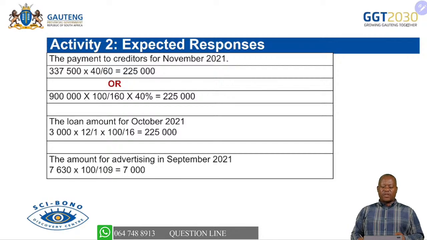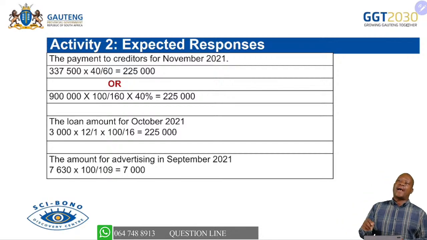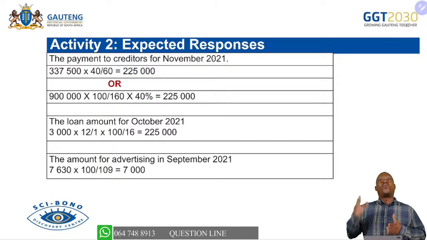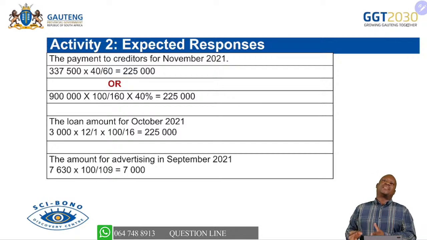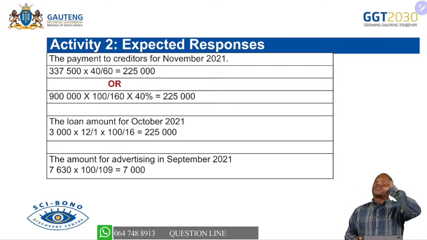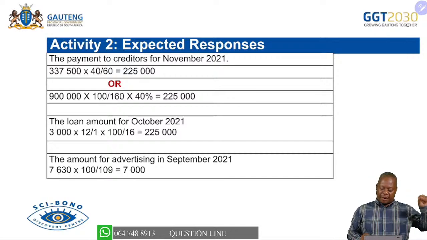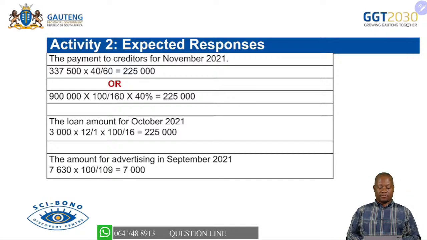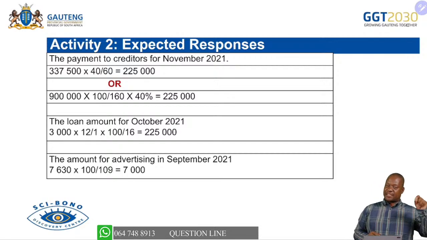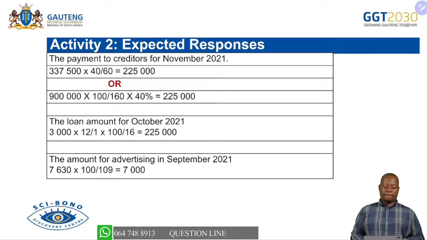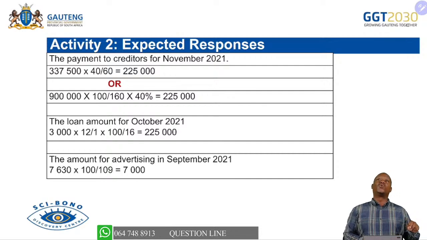So if we want to find the payments that we are making in November, we can never look into the purchases of November, but we must look into the purchases of the previous month. Now, which one is our previous month? We are looking into October, right?